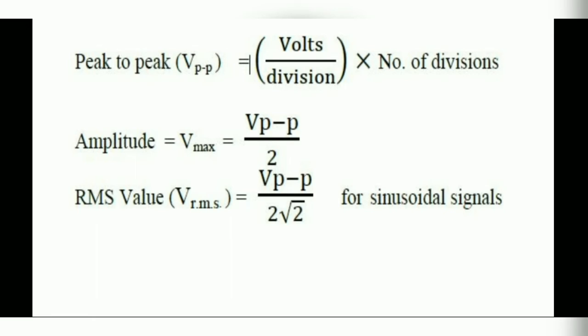This is the formula for peak-to-peak. Amplitude is equal to Vmax is equal to Vpp upon 2. RMS value Vrms is equal to Vpp upon 2 root 2 for sinusoidal signals. So in this way you can calculate voltage by using a CRO.